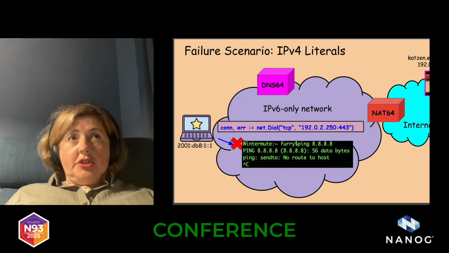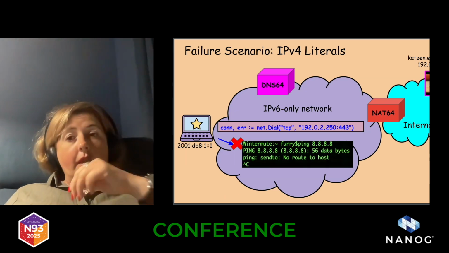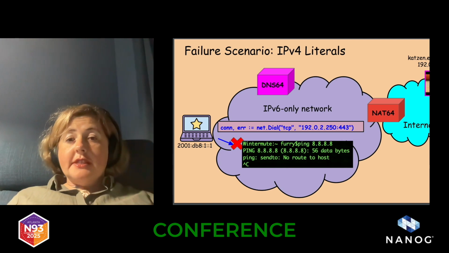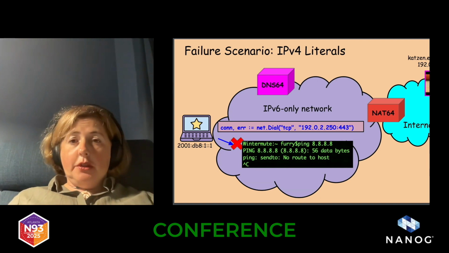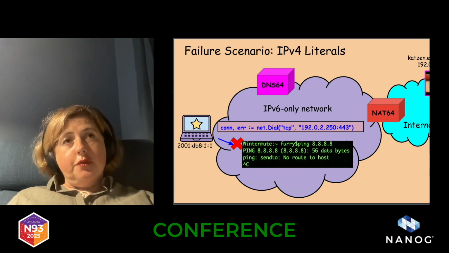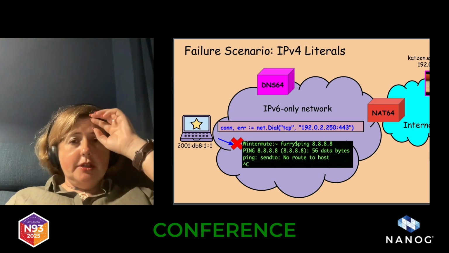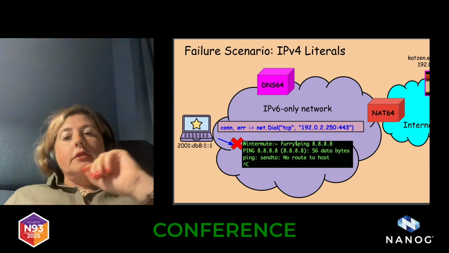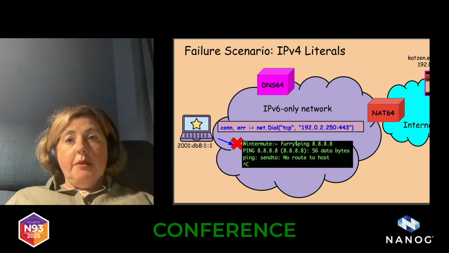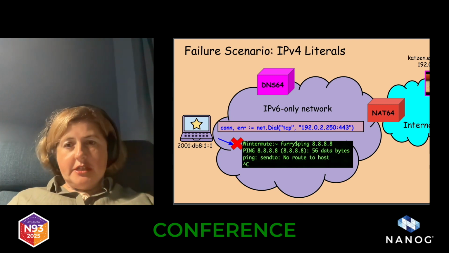First of all, if you just rely on DNS64 and NAT64 for your IPv6 only solution, there are multiple things which can go wrong. First of all, those IPv4 only applications, which, for example, might hard code IPv4 addresses in the code. So DNS64 only works if your client is actually using DNS.